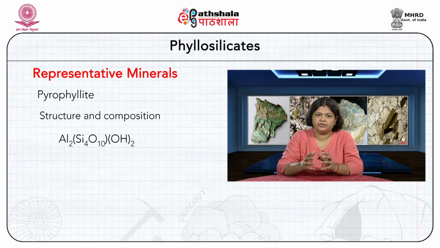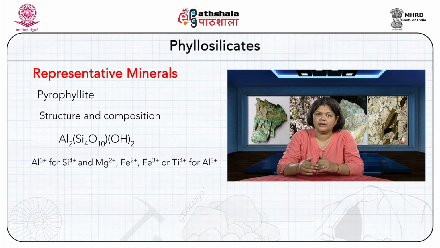The ideal composition is Al2 Si4 O10 (OH)2. Common substitutions are Al3+ for Si4+ and Mg2+, Fe2+ and Fe3+ or Ti4+ for Al3+. Minor substitutions of calcium, sodium or potassium may be present in interlayer cations.